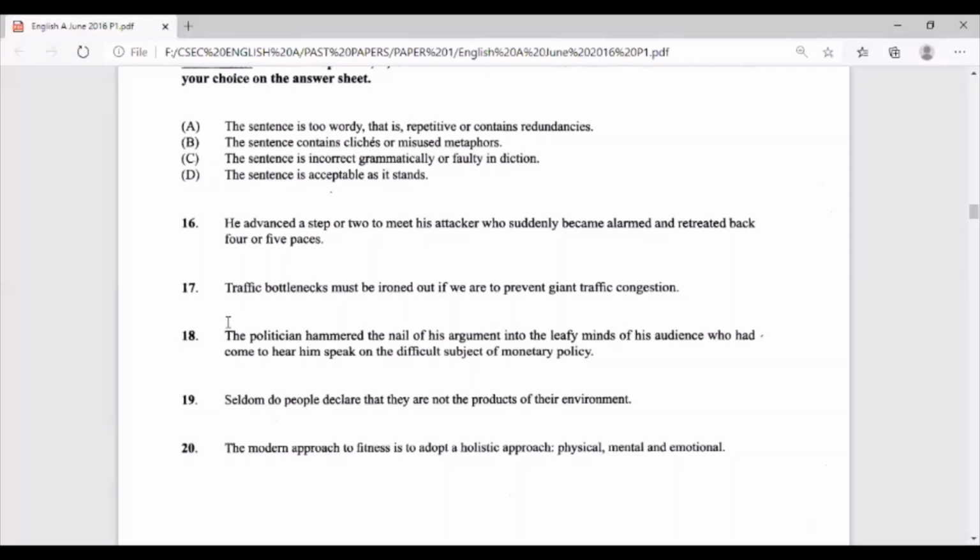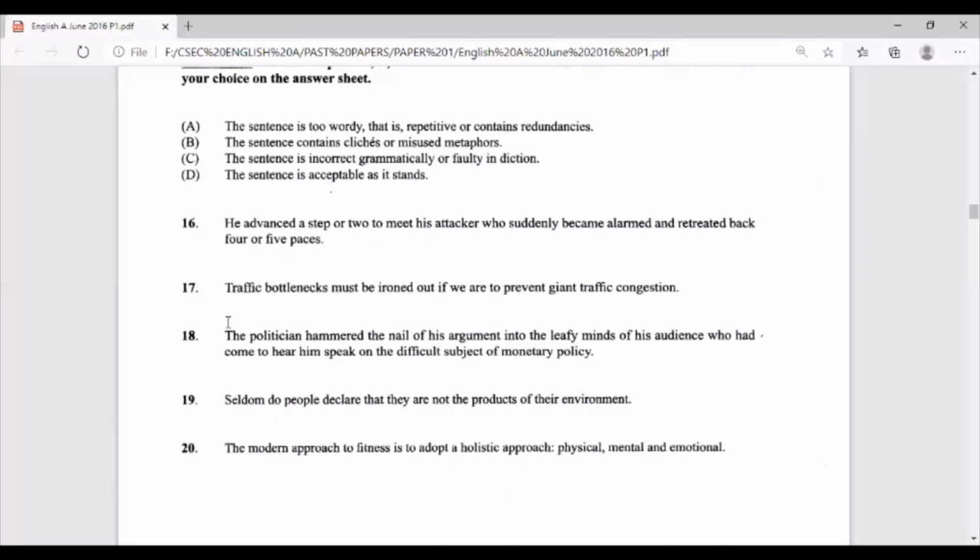And 20, the modern approach to fitness is to adopt a holistic approach, and we have a colon. We're expecting that after this, we'll see a list of what this holistic approach is. And yes, it's physical, mental, and emotional. And the word adopt means to take on, and so it is used correctly.